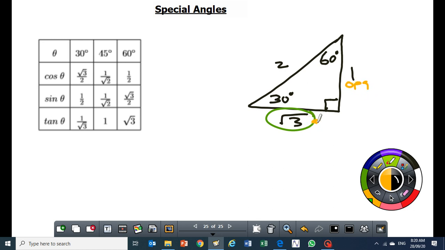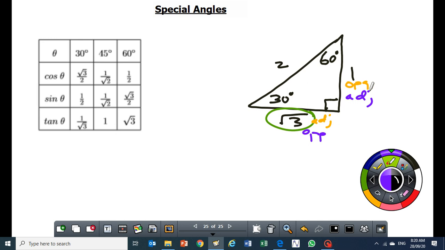That will be an adjacent side with reference to 30 degrees. If it changes to 60, this becomes the opposite side and that becomes the adjacent side. So if we start with 30 degrees, we are going to end up having adjacent over hypotenuse. So cosine of 30 is equal to square root of 3 over 2.